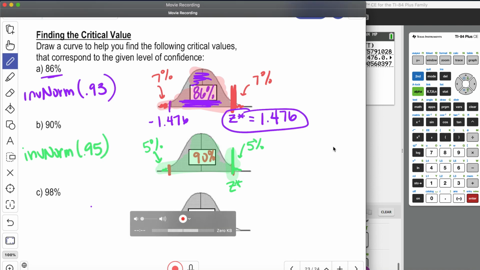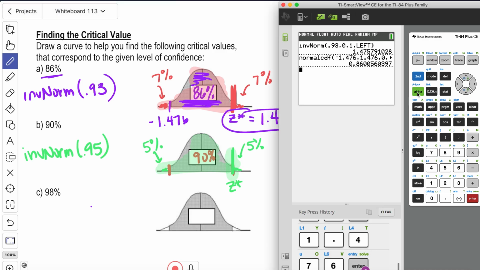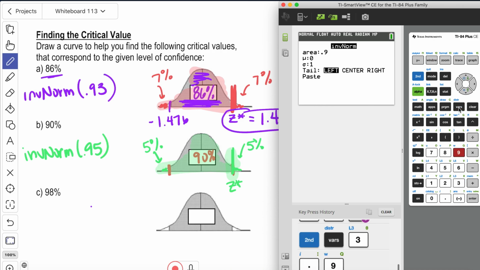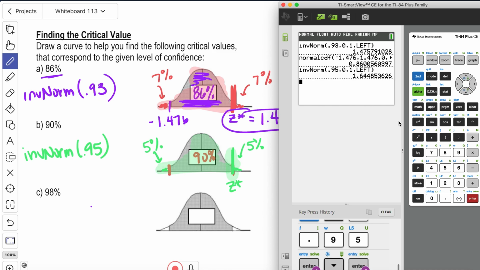And so when we do this in the calculator again, we go second, vars, inverse norm, because you're calculating the z-score from the actual area given. So number 3, 0.95. Mean is 0, standard deviation 1. Leave it on the left and we'll paste this in. And we get a z value of 1.645.